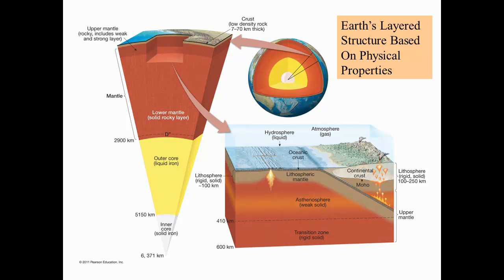Below the lithosphere, we can identify a weak asthenosphere, and then deeper into the interior, we can distinguish a lower mantle called the mesosphere, consisting of solid rocky material.